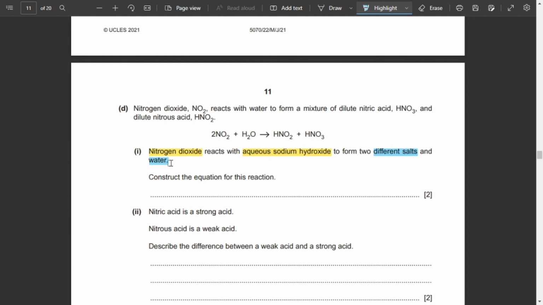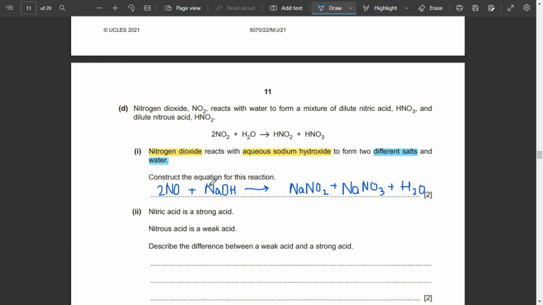So let's draw the equation and identify them. So this is how we're supposed to construct the equation or balance it. If we balance it, it's going to be in this way.